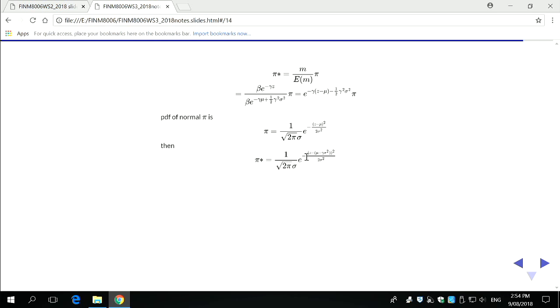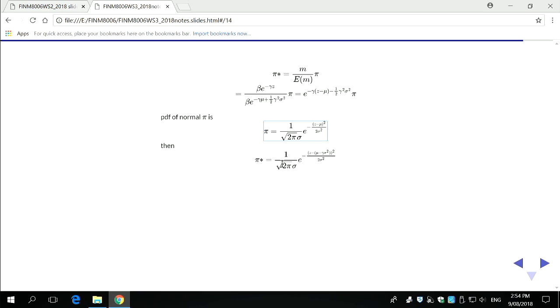If you look at this expression, this is Z minus mu minus gamma sigma square, right? If you compare this expression to the expression on the top, the only difference is instead of mu here, you have mu minus gamma sigma square here, okay?